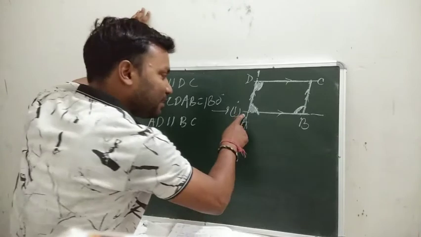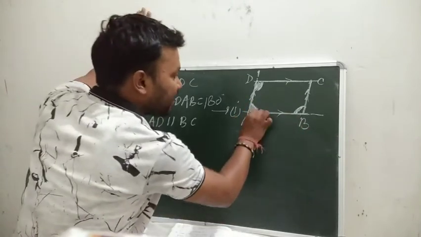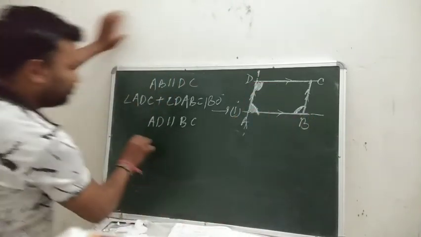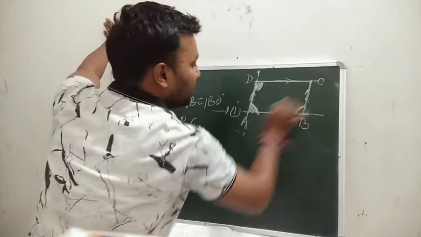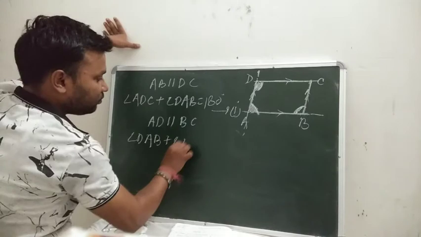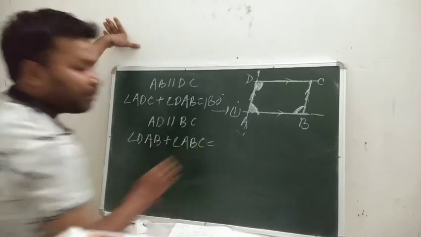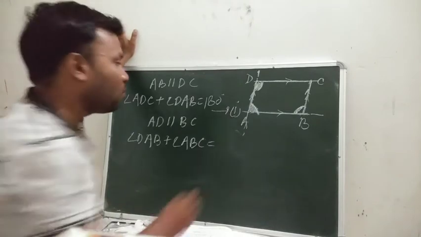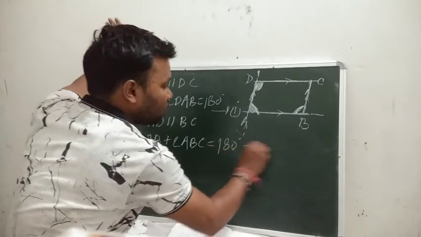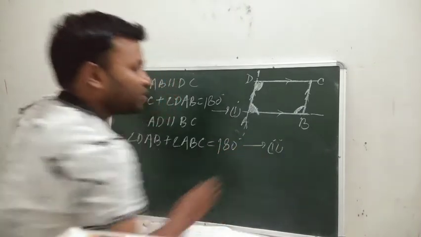If we consider AB as a transversal, then we will get angle DAB and angle ABC as a pair of consecutive interior angles, whose sum will be equal to 180 degrees. So thus we will get our equation number 2.